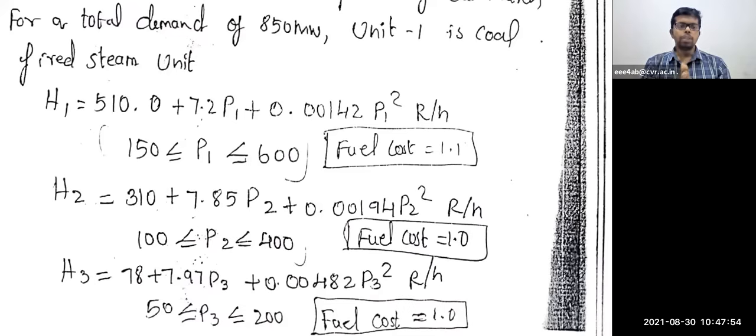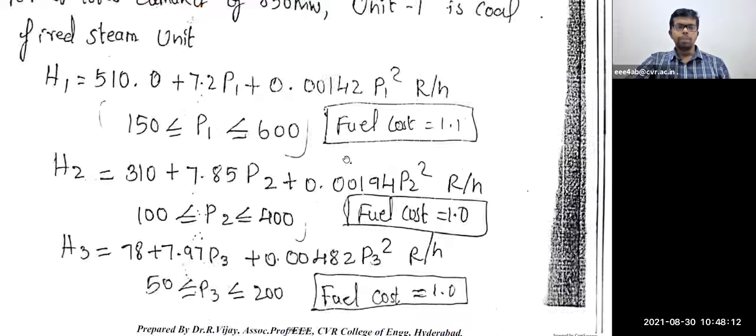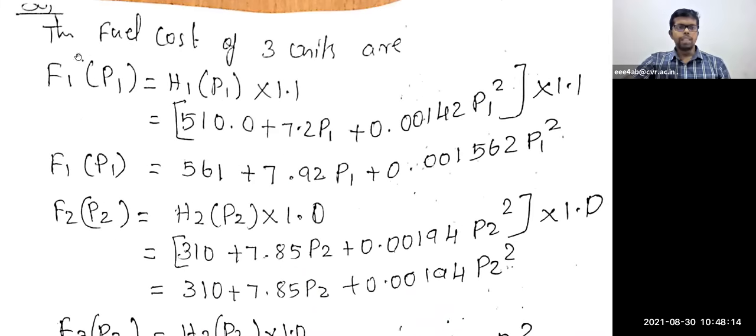F1 is equal to H1 into the fuel cost. The fuel cost of the first generating unit is 1.1, so 1.1 into the heat rate. Here, the fuel cost function of the first generating unit is F1 of P1 is equal to H1 of P1 into 1.1.